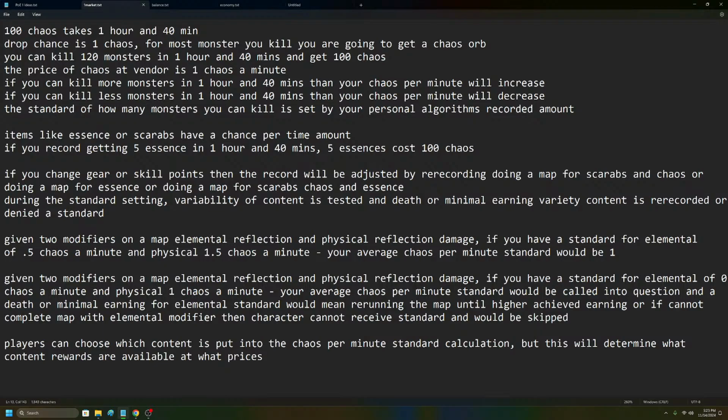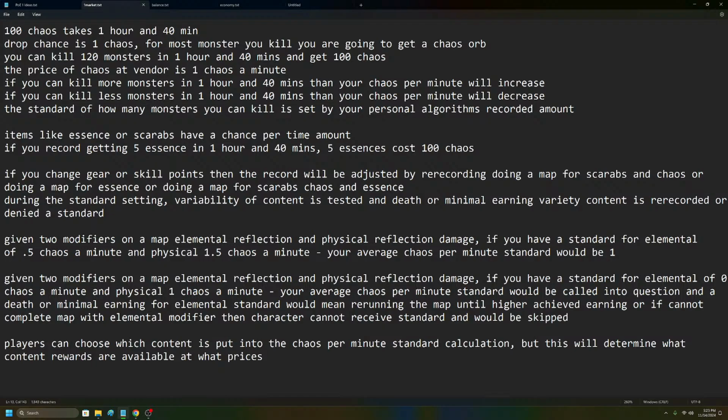Alright, so if you have delve in this stress test output, and it says that you can make 2 chaos orb instead of 1 chaos orb, that means you're better at delve than the average.